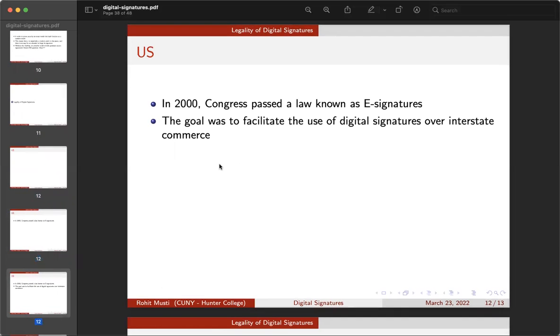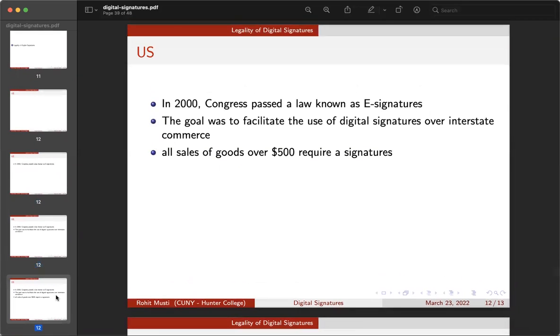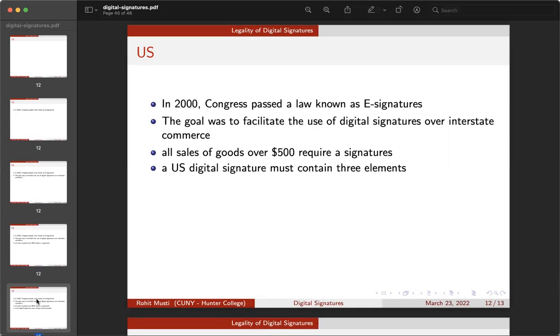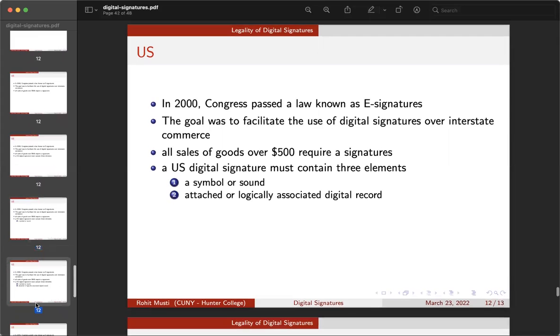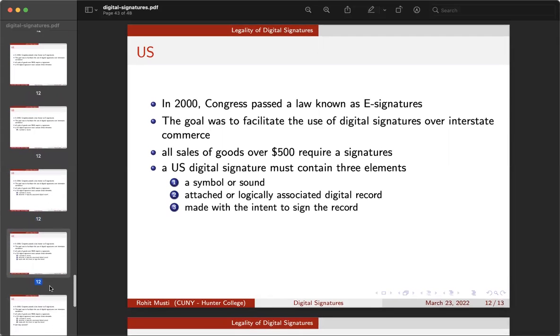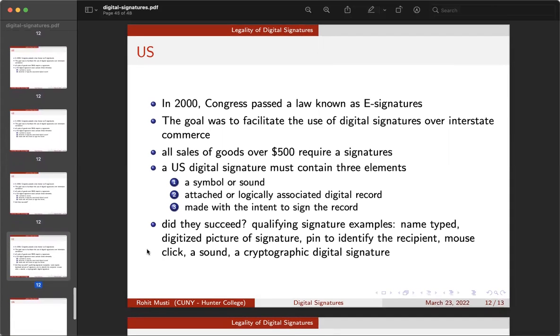The goal was to facilitate the use of signatures for interstate commerce. In particular, all sales of goods over $500 require a digital signature. These signatures must contain 3 elements: a symbol or a sound, attached or logically associated with a digital record, made with the intent to sign the record. Did they succeed?